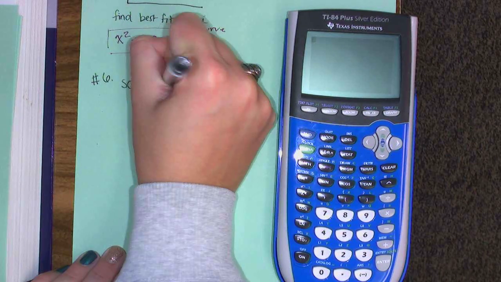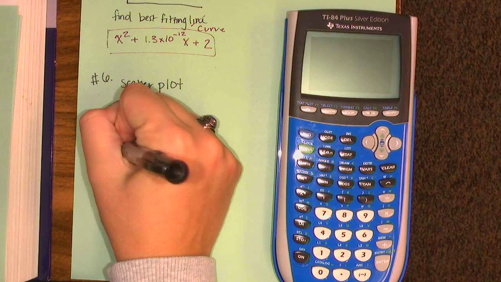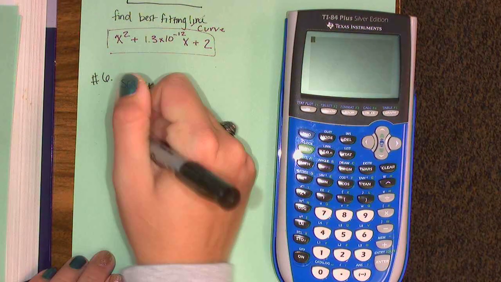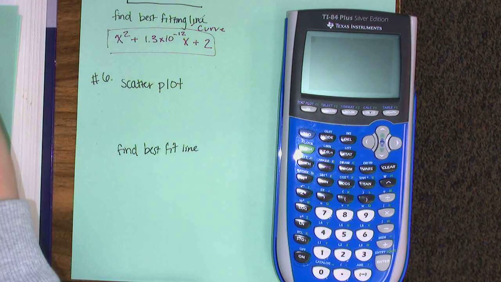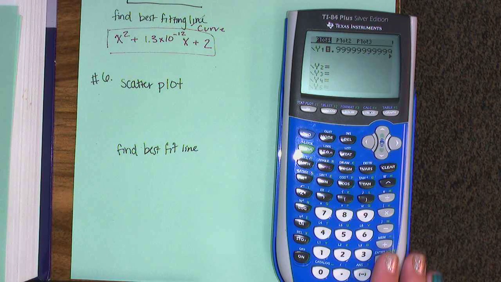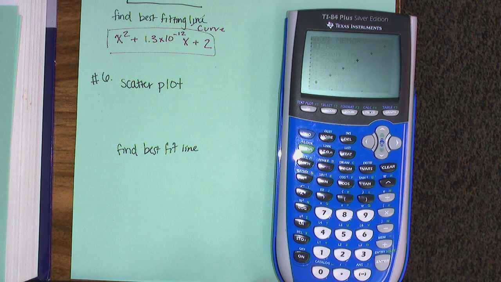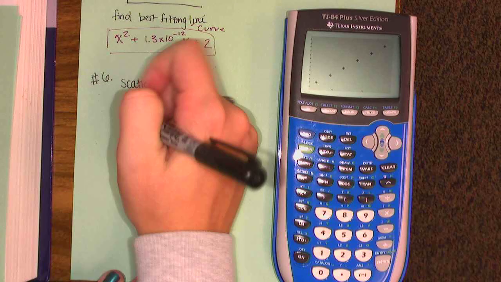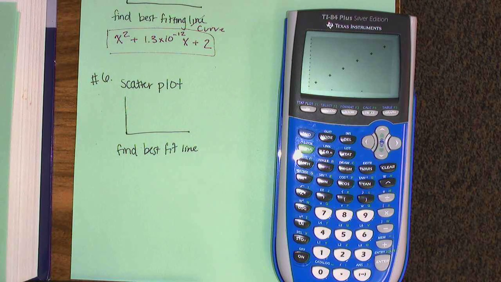You need to make sure you turn off or clear your y equals also. Okay, so you would copy that over to your paper exactly as you see it on your calculator.